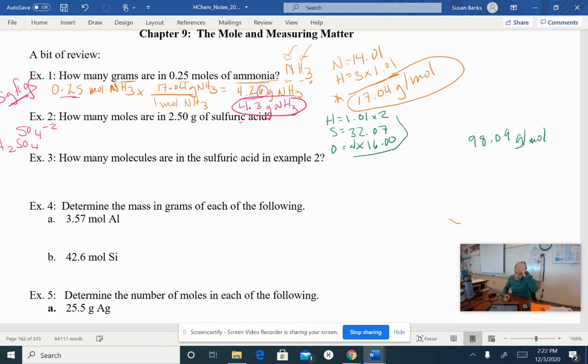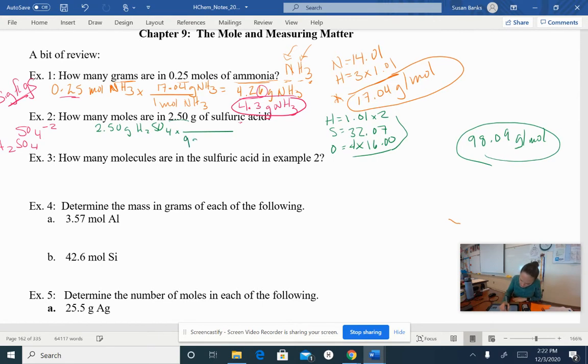Now, I'm going to use this ratio to create grams to moles. I want my 2.50 grams of sulfuric acid, and I want my grams to cancel out. So I'm going to put the gram part of this ratio that we created over here on the bottom.